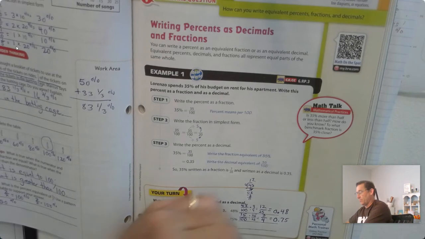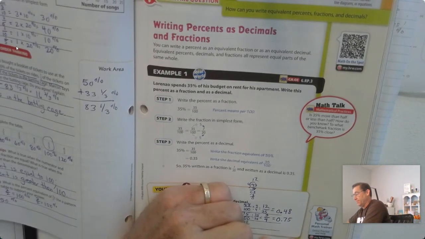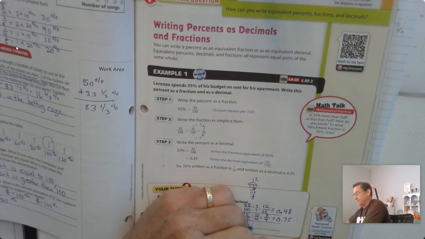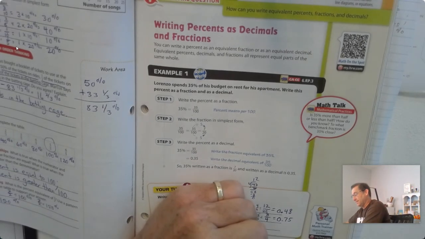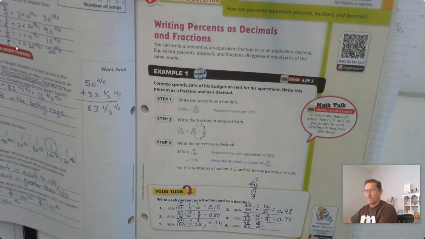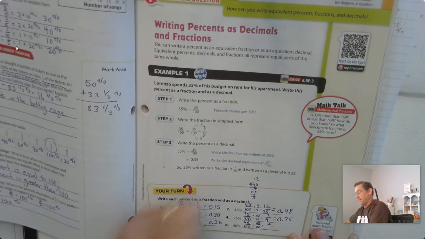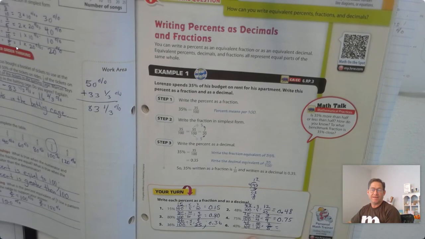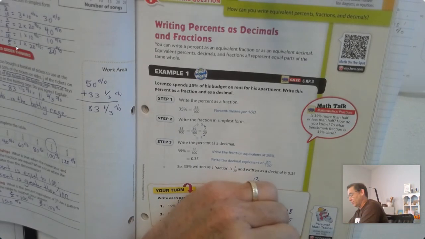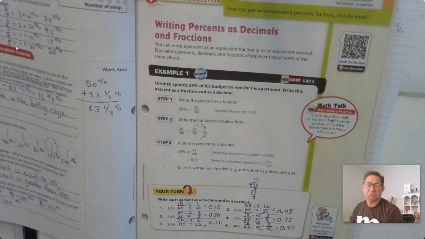And our last one, 40%. Just 40 over 100. Divide by the common factor of 20. 40 divided by 20 is 2, and 100 divided by 20 is 5. So 40% is the same as 2/5, and 40 hundredths is written as 0.40.